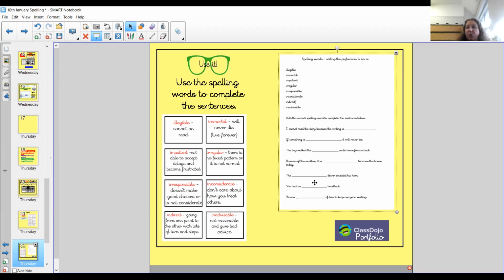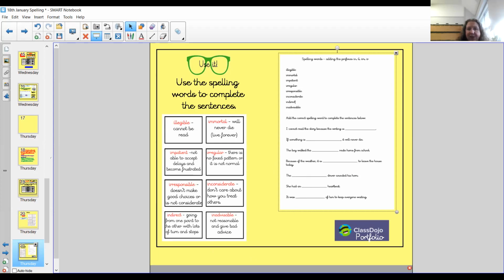So we need to make sure that we are using the right word to fill those sentences to make them complete. And what I have done is I have put these spelling words with their new definition next to it so that you know that you can actually use that to help.